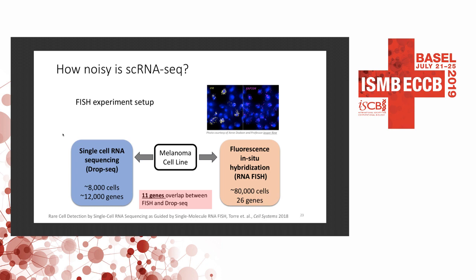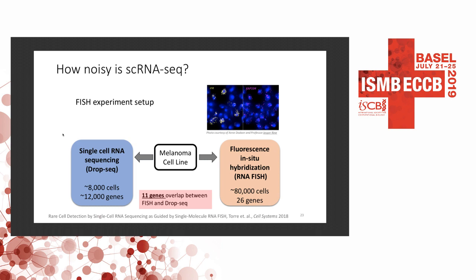This data set has 26 genes. I did some filtering and kept 11 overlapping genes that I have high confidence their measurement is good. So there are 11 genes that overlap between FISH and Drop-seq.